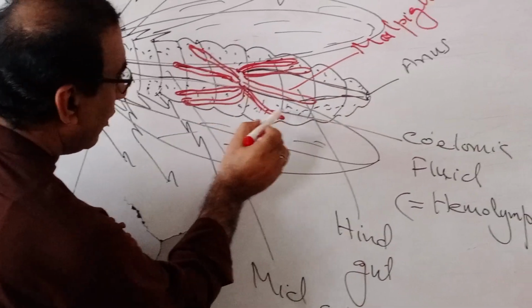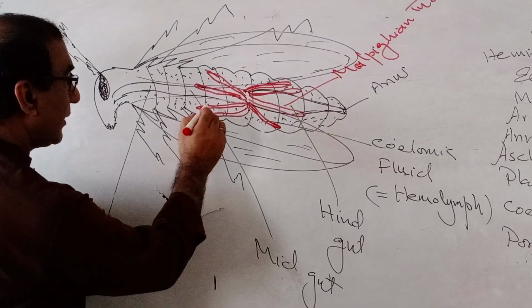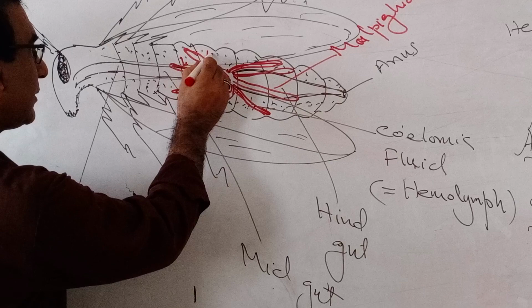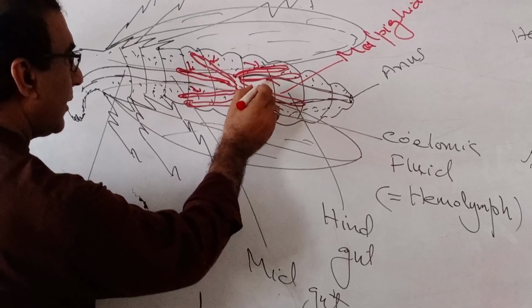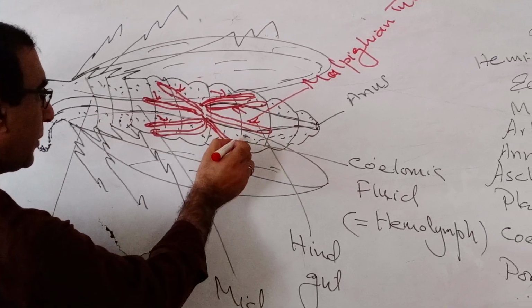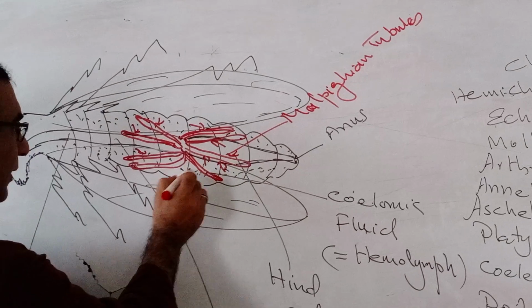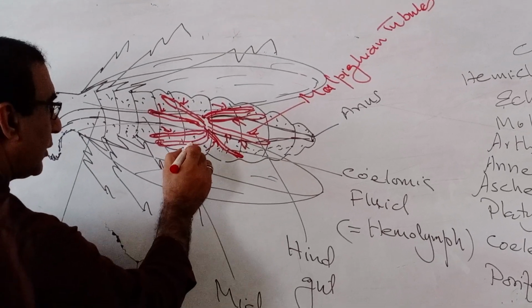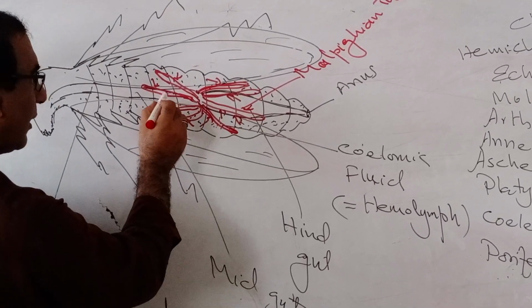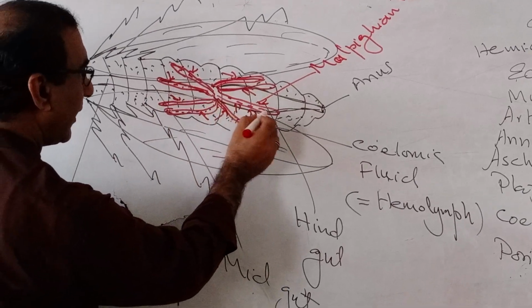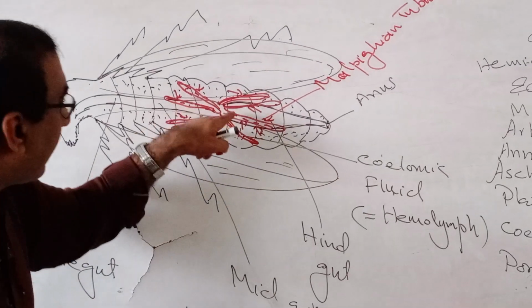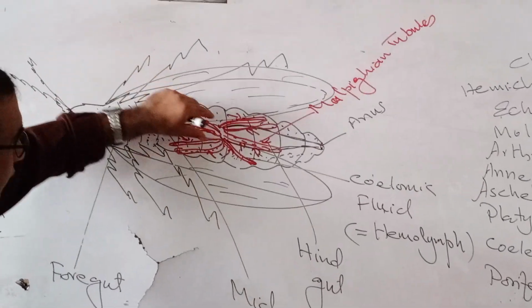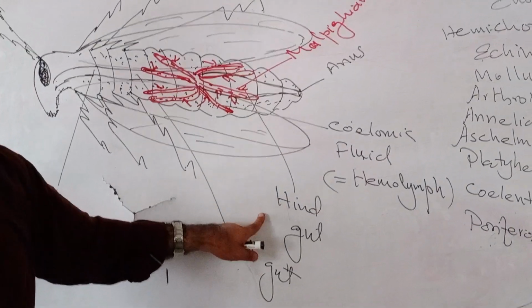Now the excretory products are collected in these ducts of the Malpighian tubules, and they enter into their lumen. Here the excretory products are collected, and they enter into the junction of the midgut and hindgut.